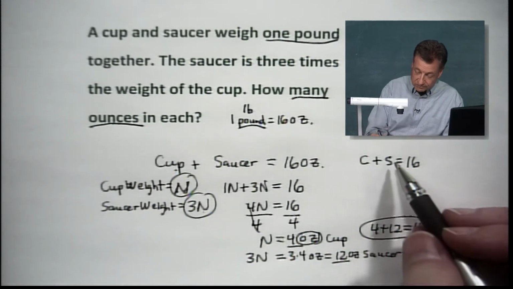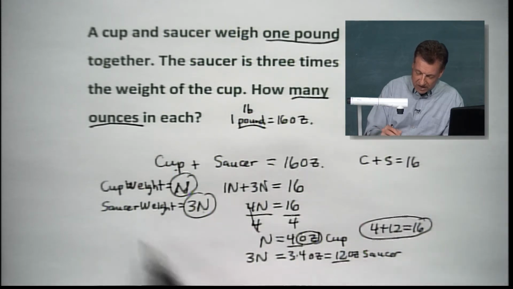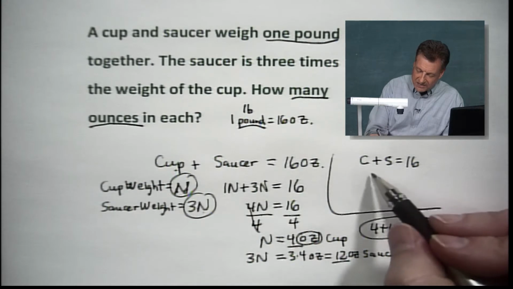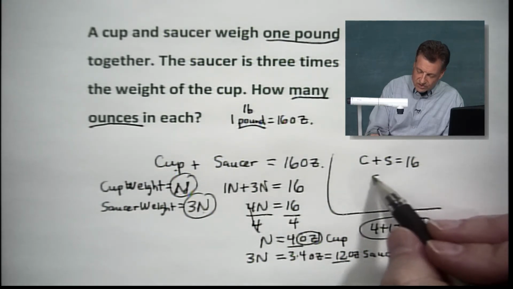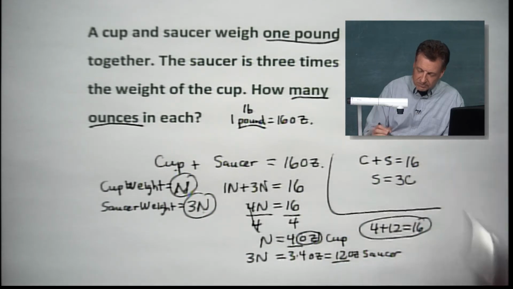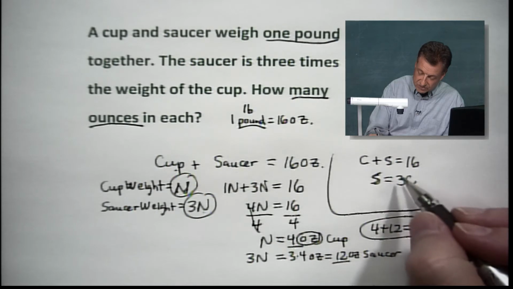The second one would be the saucer is equal to 3 times the cup. S equals 3C.